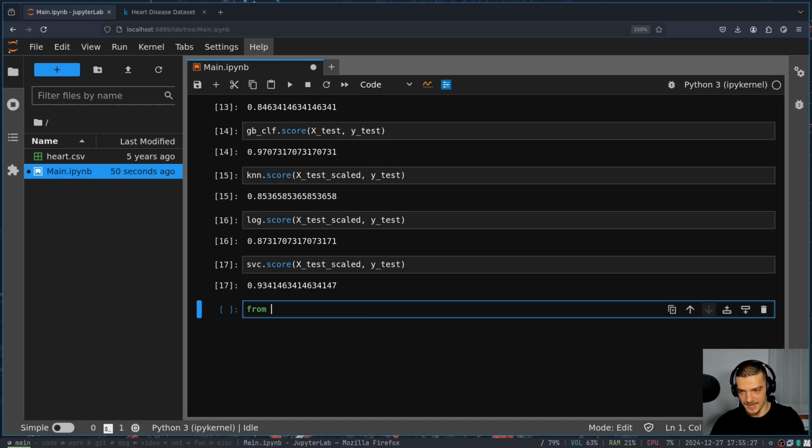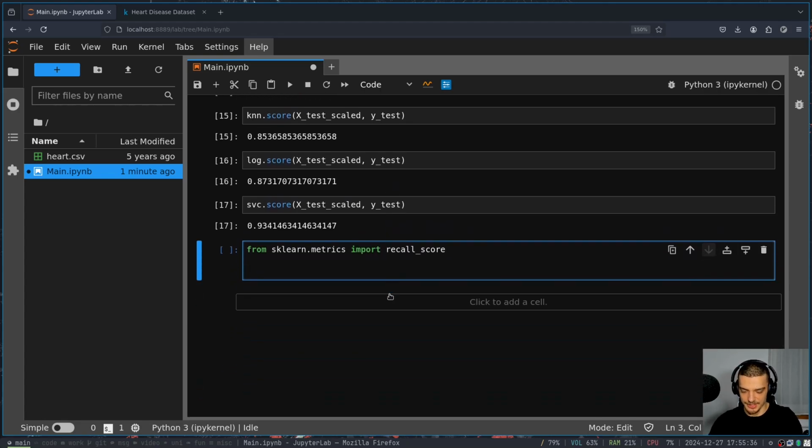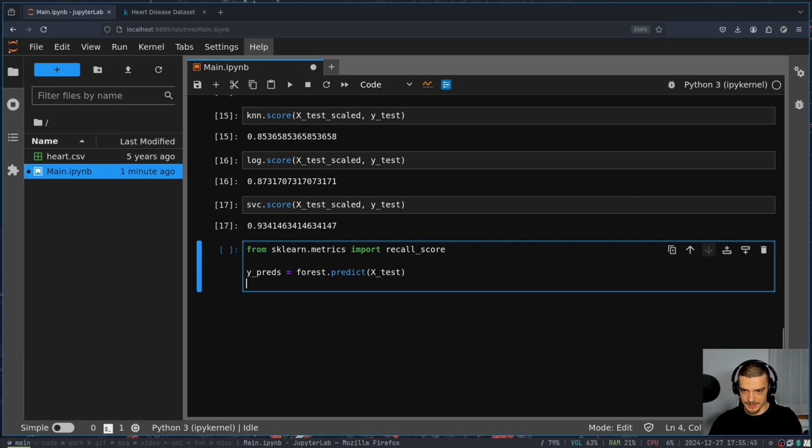We're going to say from scikit-learn.metrics import the recall score. And we're going to say that the predictions of the forest model are going to be making predictions on the test data, and then we're going to say forest recall score is going to be recall score of the actual results and the predictions.